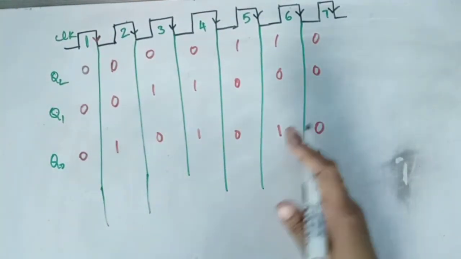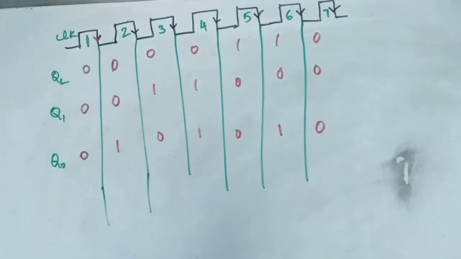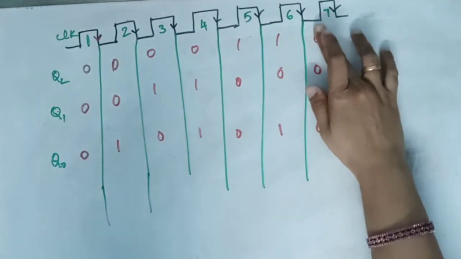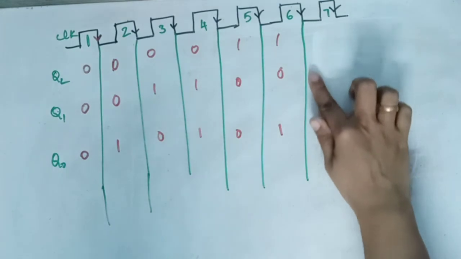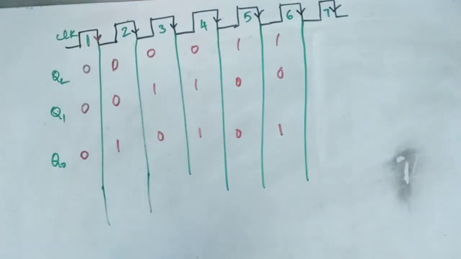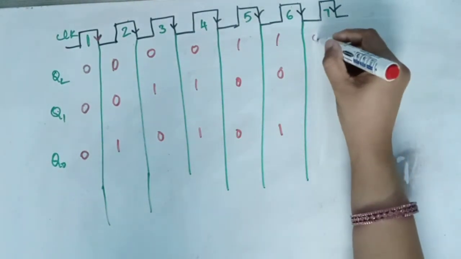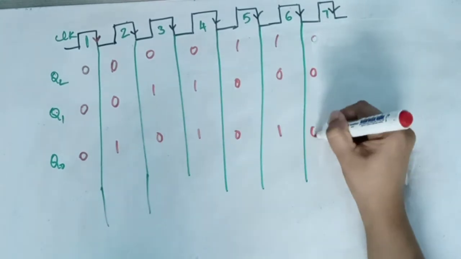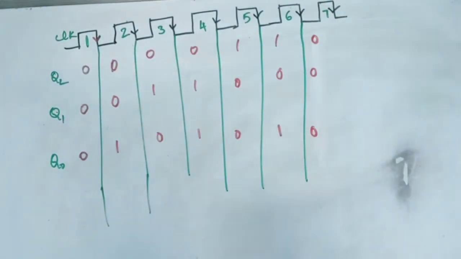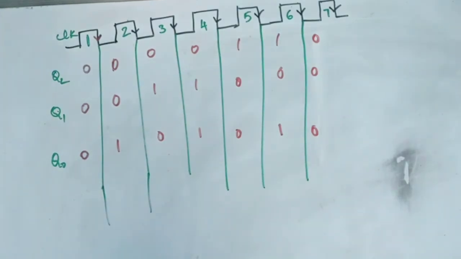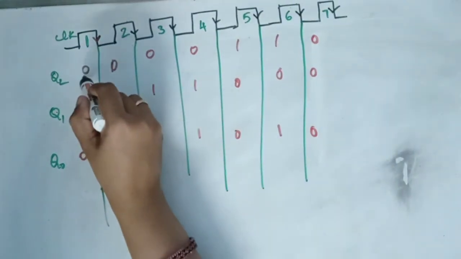I'm stopping there. After 5, it will go to 0 in the case of a synchronous counter.